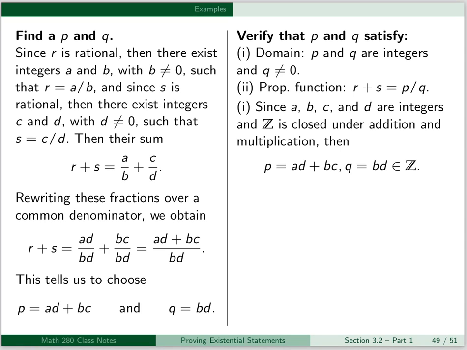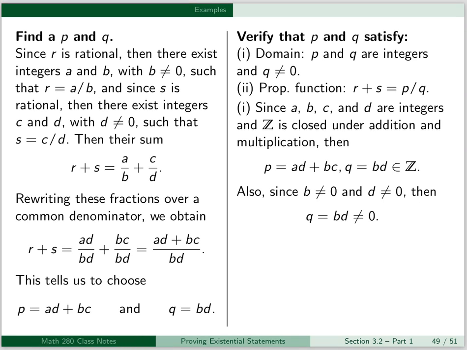For our domain, we can say that since a, b, c, and d are integers, and Z is closed under addition and multiplication, then both p equals AD plus BC and q equals BD are in Z. Also, since b is not equal to 0 and d is not equal to 0, then q equals BD is not equal to 0.